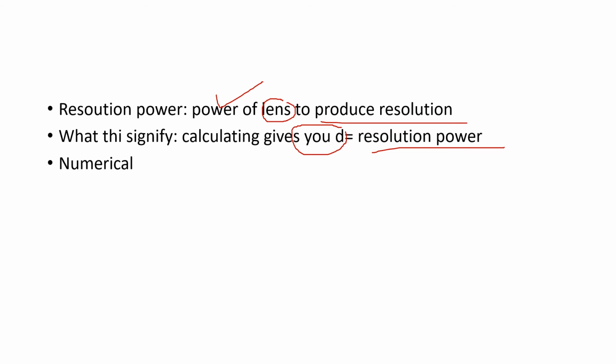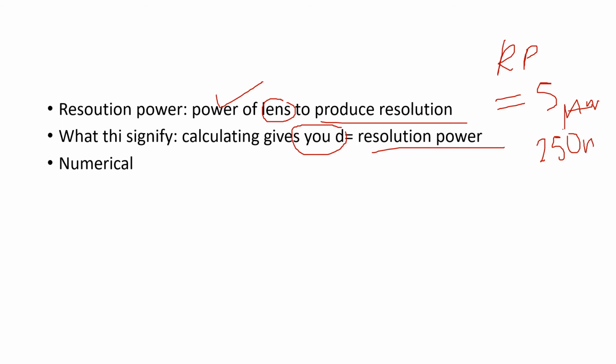And tell me one more thing. What units do you think resolution power will have? If I just say a random number, 5, what units will I be using? I'll be using a distance unit. Maybe 5 nanometer or 250 nanometer or something like that.